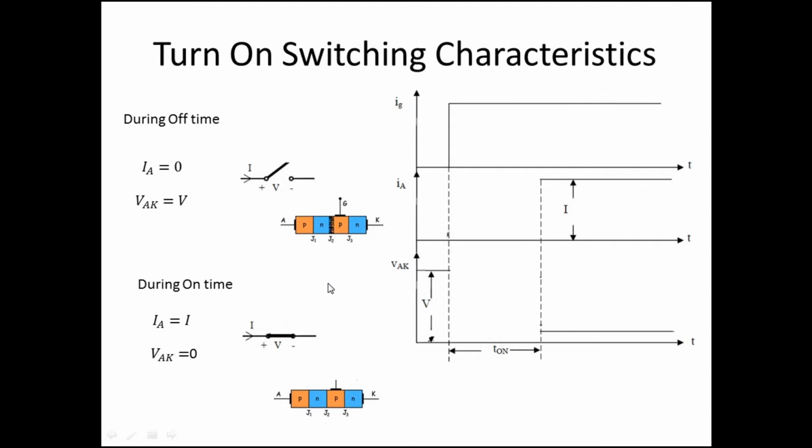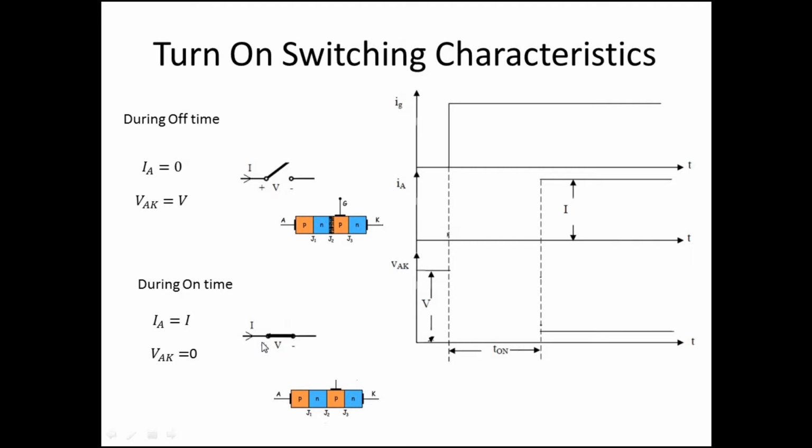The thing is, J2 is having some depletion region at the off period and it is getting transformed into a state without any depletion region during on time. So this is actually the transition.